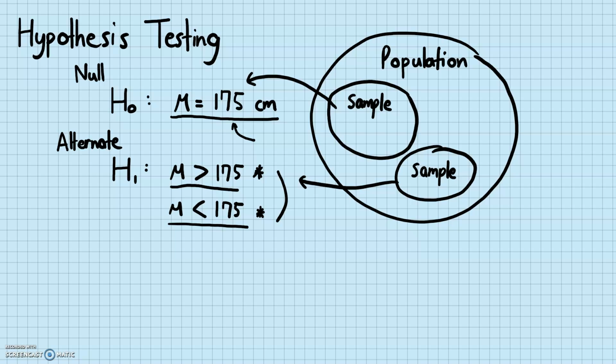And because we're not taking the whole population, the data that we gather for our alternate hypothesis, so the data we gather here, might not exactly be the same as our null hypothesis. But that shouldn't mean that we should reject the null hypothesis.